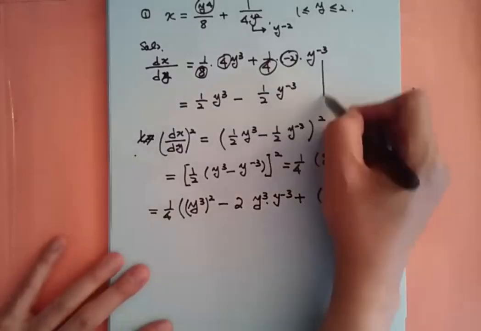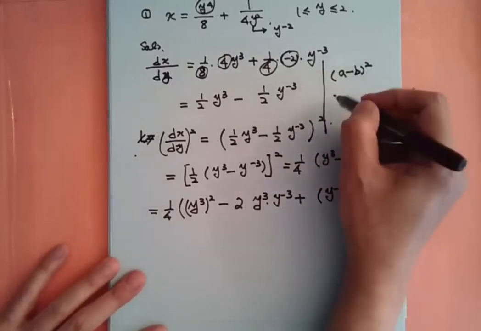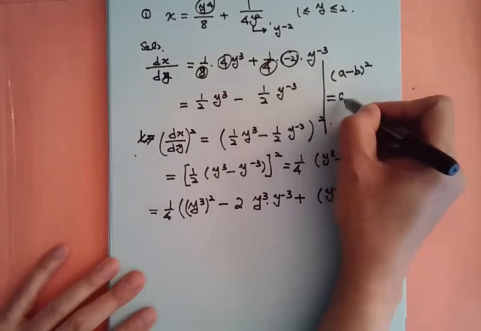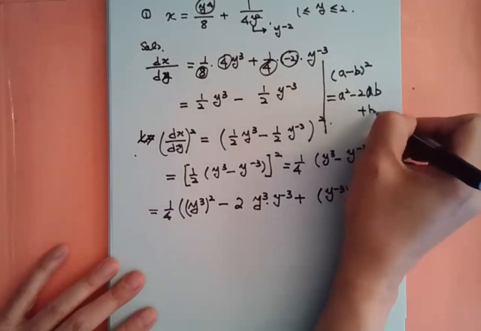So the formula I'm using, I believe everybody is familiar: a minus b squared is a squared minus 2ab plus b squared.